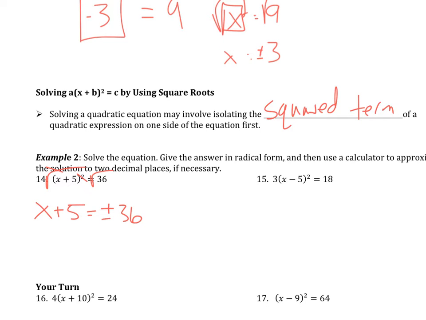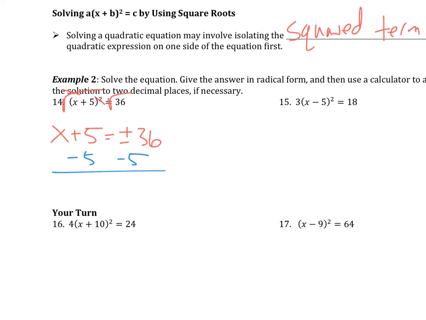Now we're going to solve still, because this time our x is not by itself, so I'm going to subtract 5. Even though those are like terms, we won't combine them because we have the plus or minus. So writing it out so you can see, most of you after this won't have to write it out twice.